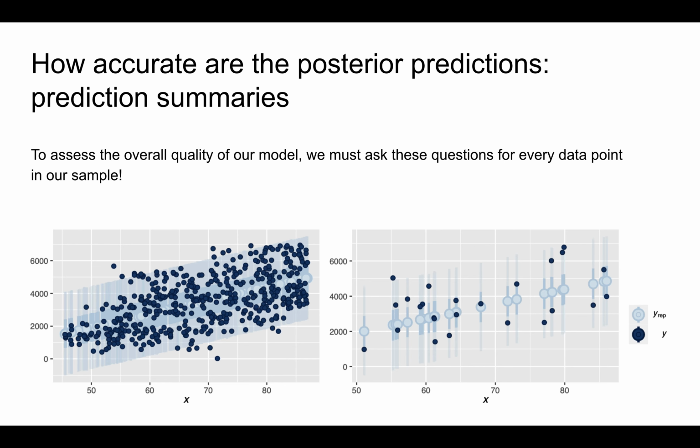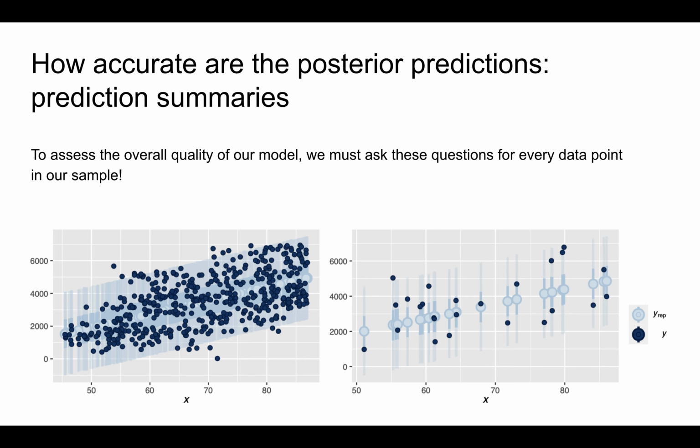For example, the light blue dots represent the posterior median predictions of ridership at that given temperature. Further, the narrower, longer light blue lines, like this one here, represent the 95% prediction intervals for ridership. And the wider, shorter light blue lines represent 50% prediction intervals.